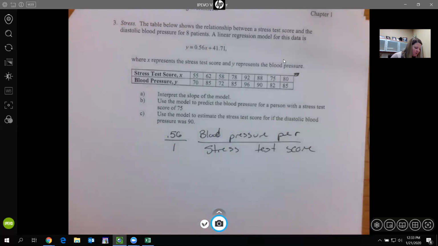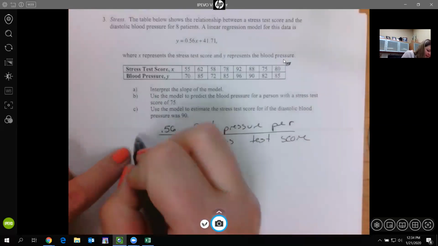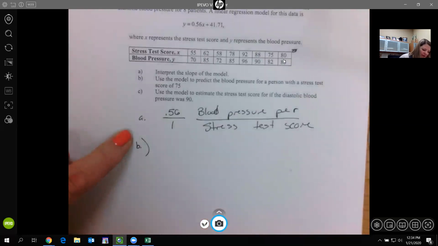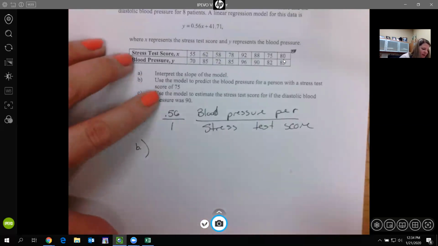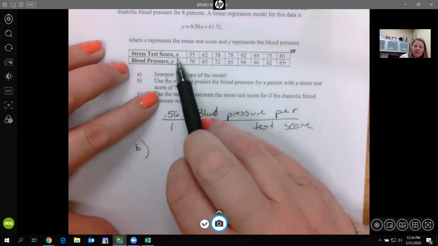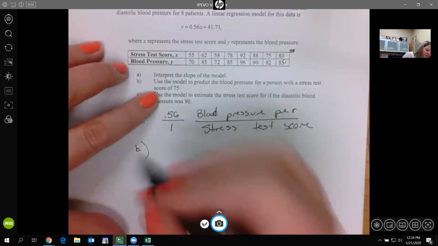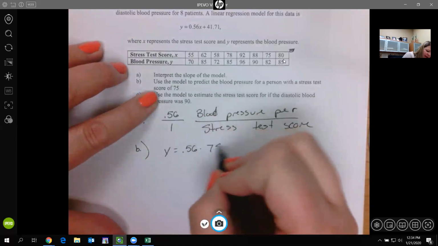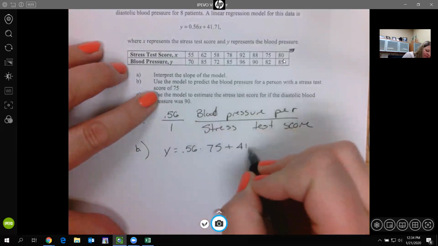Okay? So use the model to predict the blood pressure for a person. So this was A, B. So use the model to predict it for a person with a stress test score of 75. So we have to think which one was our score. Our score was X. So I'm going to put that value in for X, 0.56 times our 75 plus our 41.71.